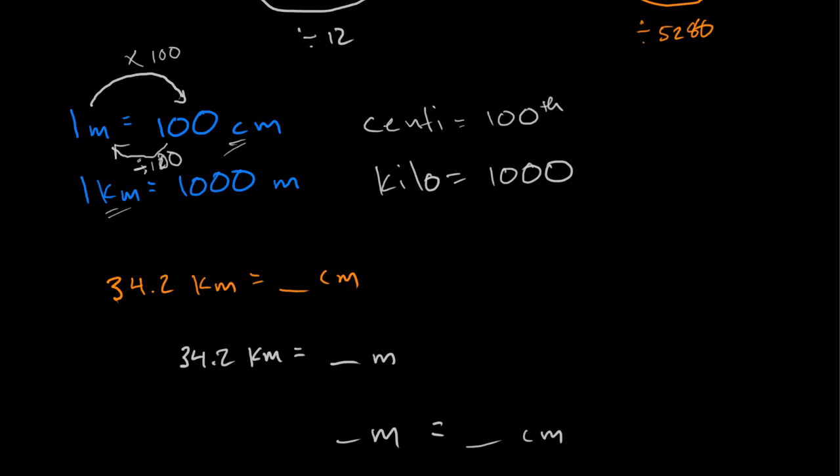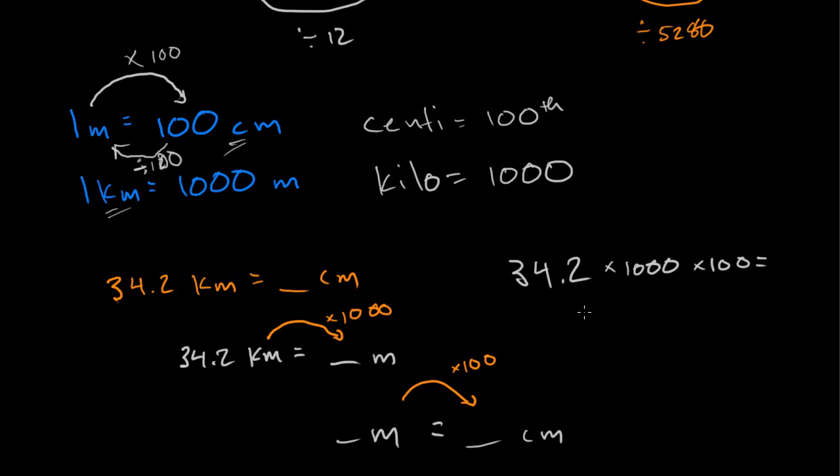To convert kilometers to meters, we're going to multiply by 1,000. And to convert meters to centimeters, we're going to multiply by 100. So to convert 34.2 kilometers into centimeters, we do 34.2 times 1,000, and then we multiply it by 100.